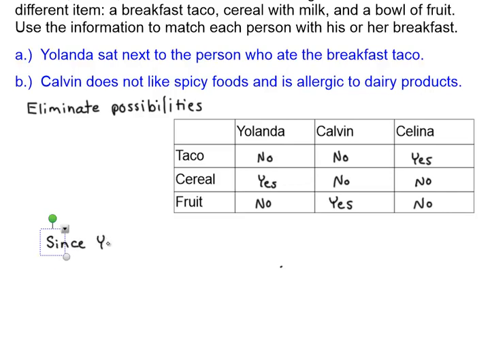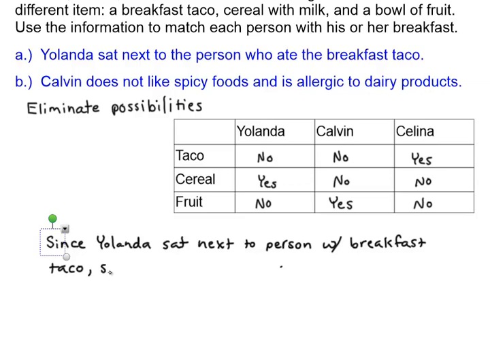since Yolanda sat next to the person with the breakfast taco, she can't eat the breakfast taco.